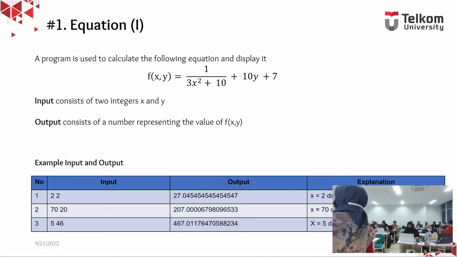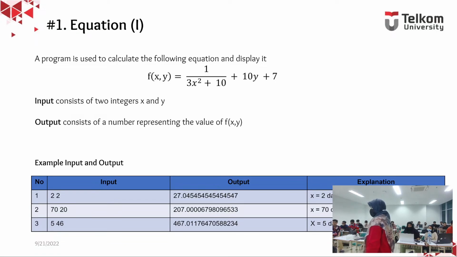The process is this calculation. The program will do some calculation. So the first variable represents x, and the second represents y. If you see this formula, the operation is a power operation.